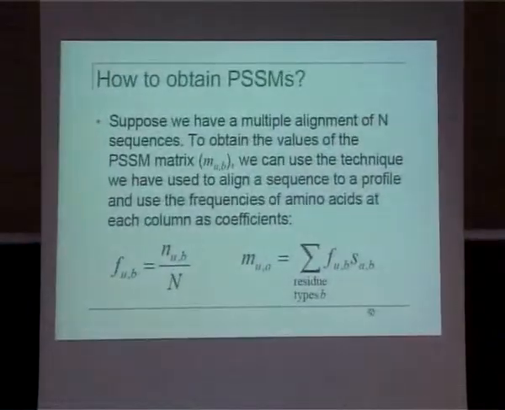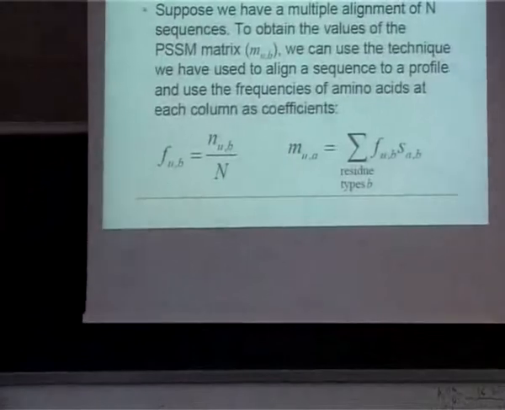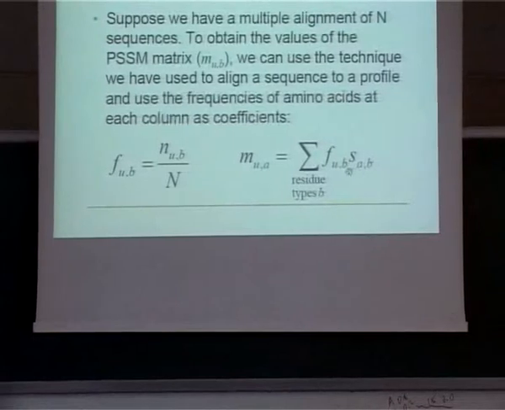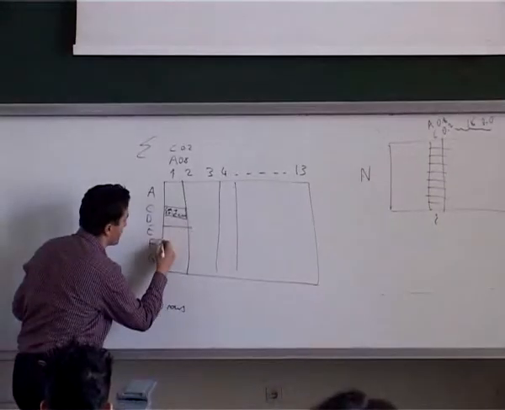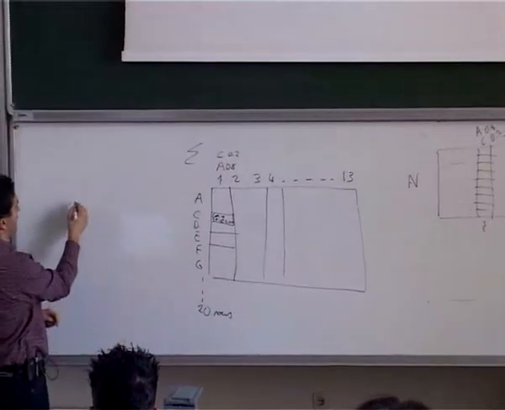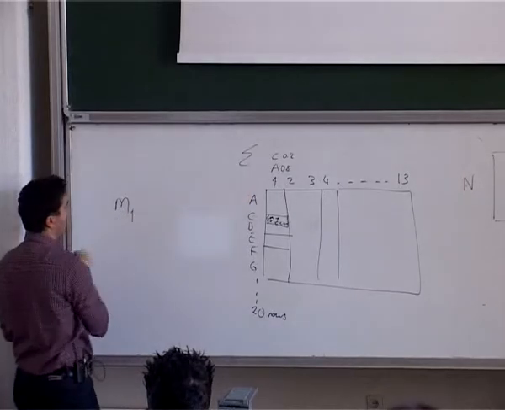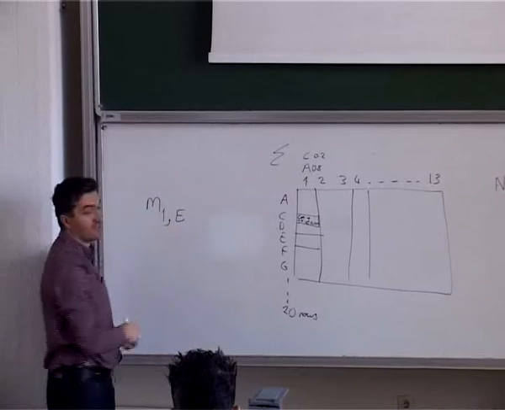And this M is just what I had written here. It is the score of aligning an amino acid A with the B. For example, if you want to find the score of aligning E with this A and C, at the first position, the first position index is 1, and we want the score of aligning E to this first position.